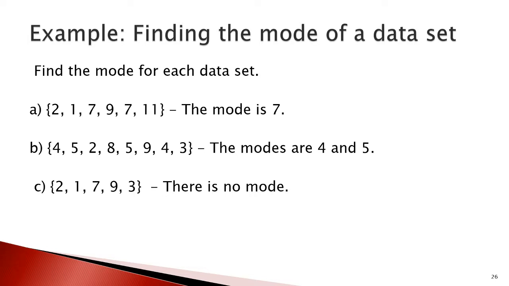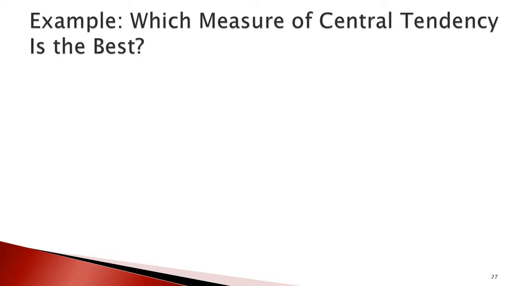In part C, every number appears exactly once, so there is no mode in this example. And in the final example, there are two D's, so the mode is D. Did you understand it?